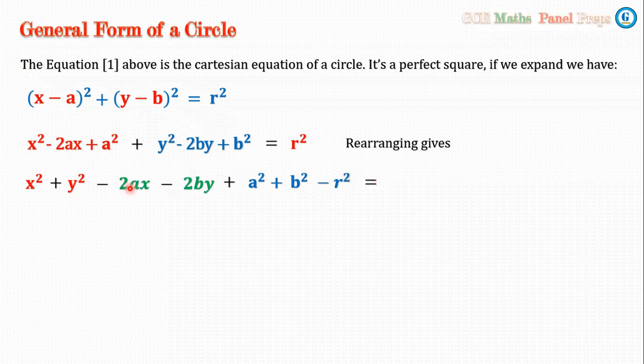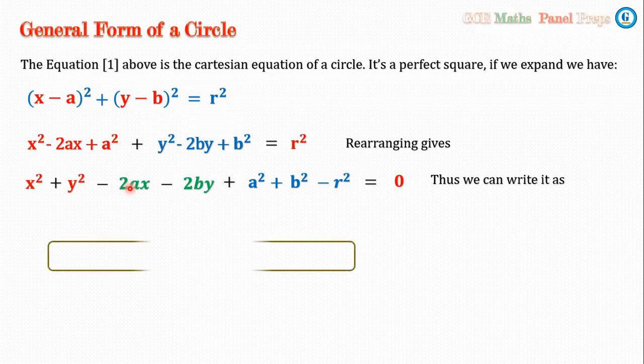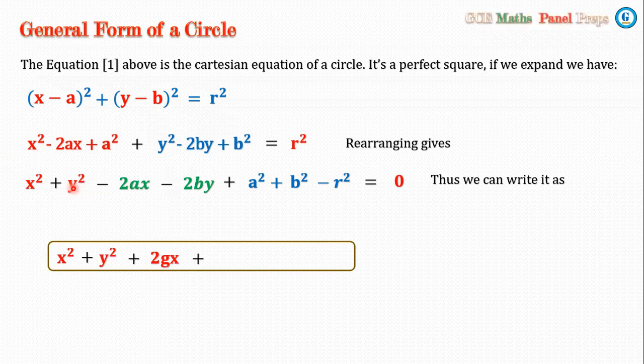So we want to work with this Cartesian equation of a circle to come out with the general form of a circle, okay? So this will be equal to 0. Now, we can rewrite this as follows. We have x squared plus y squared plus 2gx plus 2fy plus c is equal to 0. So we have rearranged all of this.